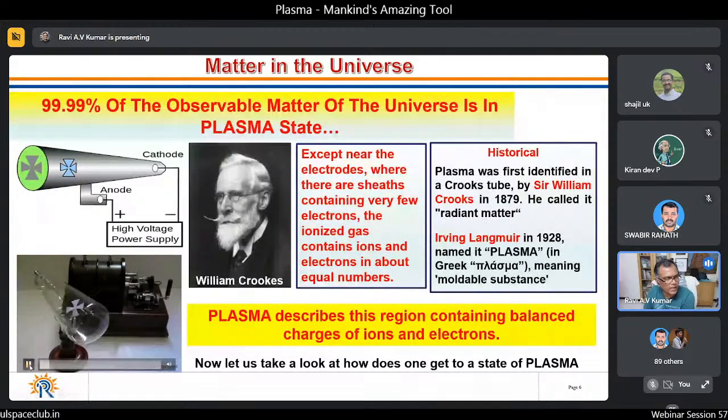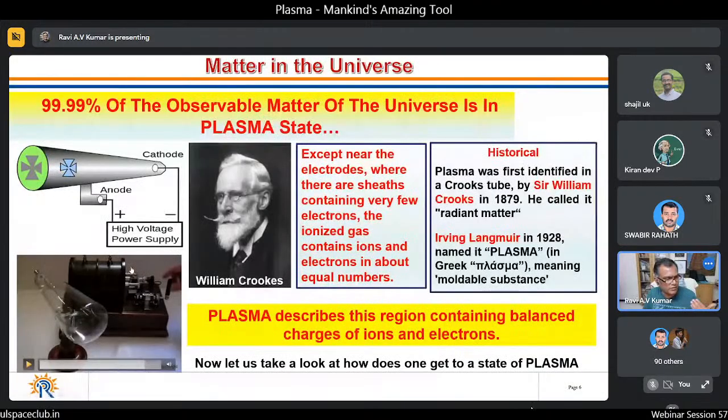When high voltage is applied to it, he found that it formed some kind of radiant matter, which is what he first termed it. Not until 1928 did Irving Langmuir, who is supposed to be the father of plasma physics, rename it plasma. For him, it meant moldable substance.